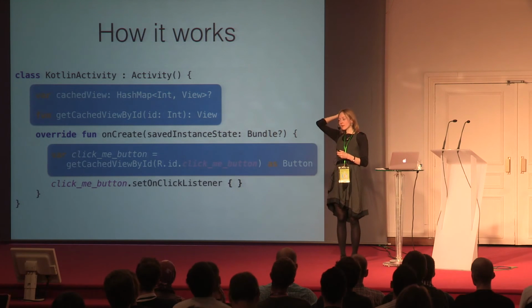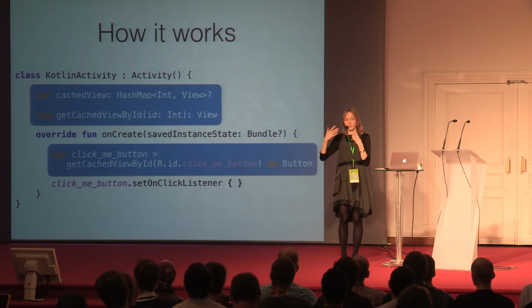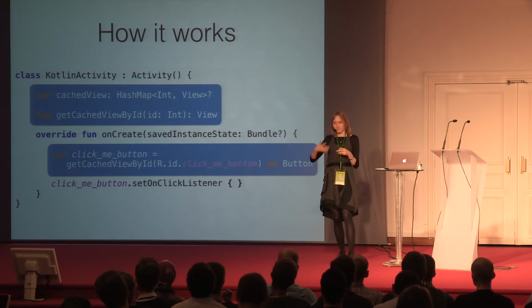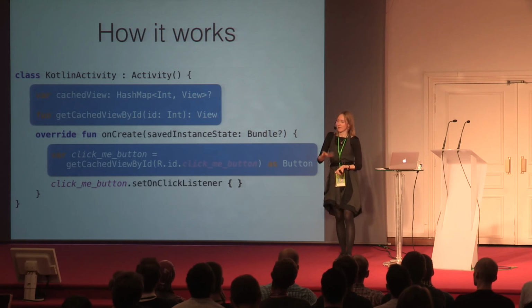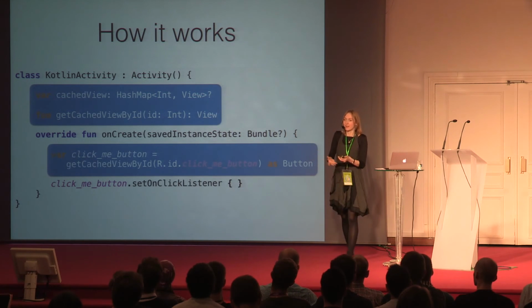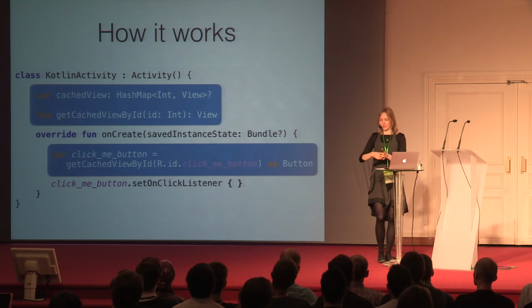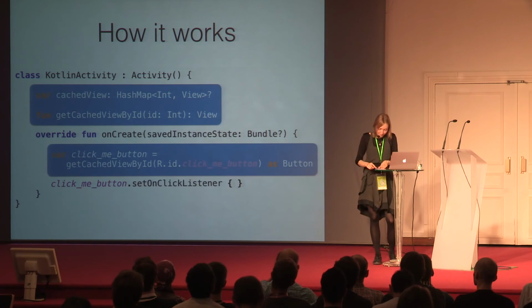So you have a concise way to access these views, and Kotlin does the rest. It adds a map, because we compile the Kotlin code ourselves, so we can change it. With some other language, it would be a bit more tricky.